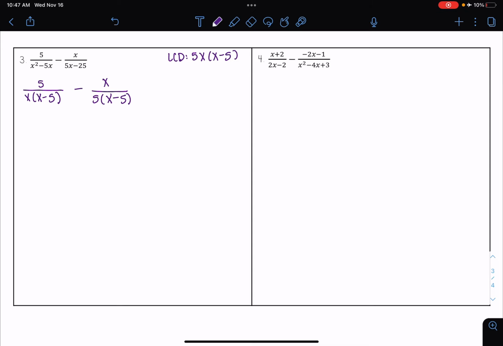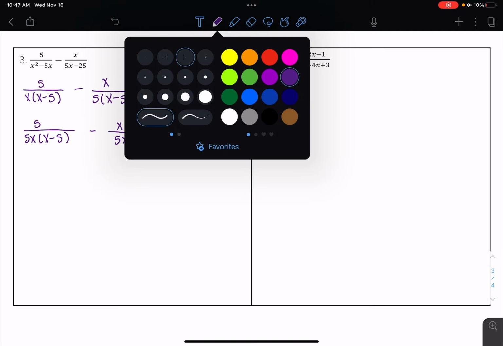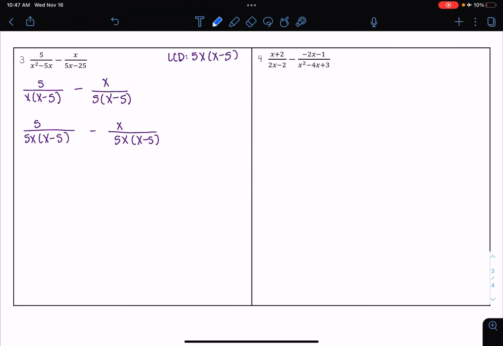And now I need to go ahead and multiply both of these by that factor that it's missing. I'm going to go ahead and shorten this step a little bit. So I'm going to put my LCD at the bottom here, and my number here that's on top. And then I'm just going to multiply that numerator by what I'm missing.